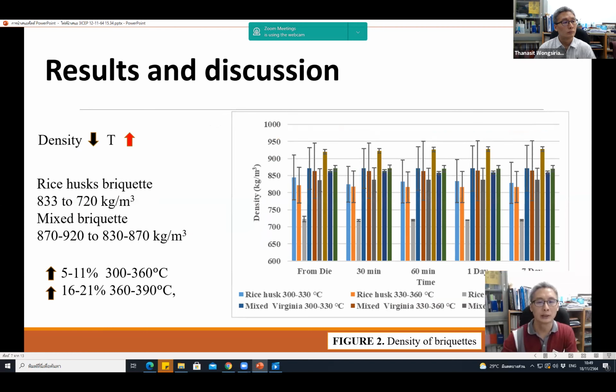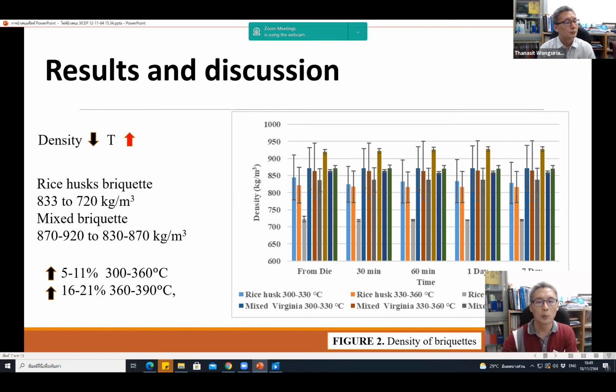Results and discussion. Density is shown in figure 2. When the die temperature increased from 300 to 390 degrees Celsius, the instant density of the briquette decreased by around 40 to 50 kilograms per cubic meter, from 833 to 720 for rice husk, and from 920 to 870 for mixed biomass.